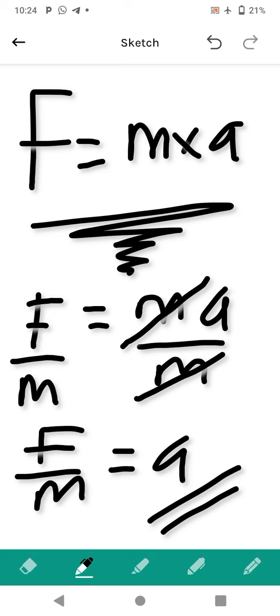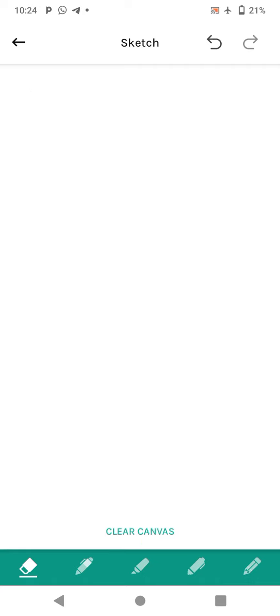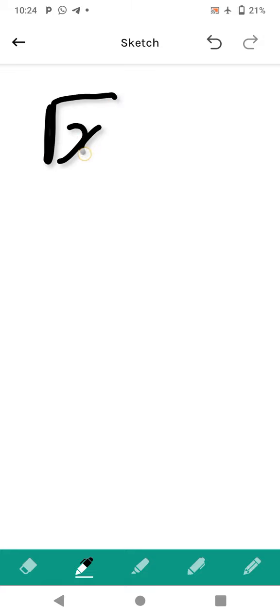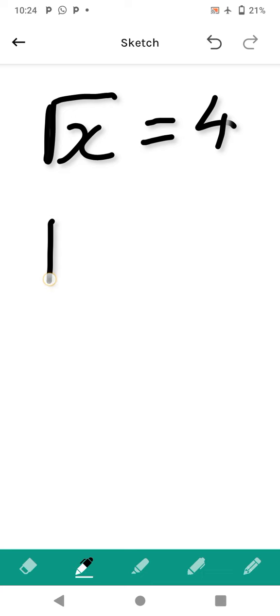I also want us to concentrate on one particular area, the area of squares and square roots. If a variable is in a square root and is equal to something, let's say it's 4. Now, one of the ways of removing the square root is by squaring both sides.